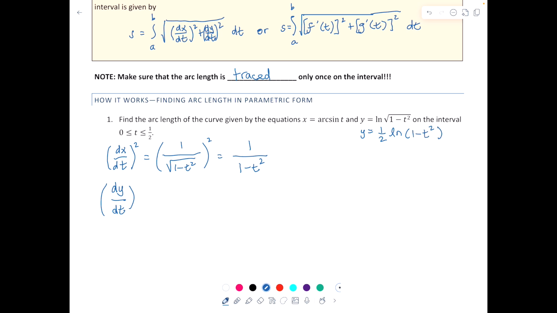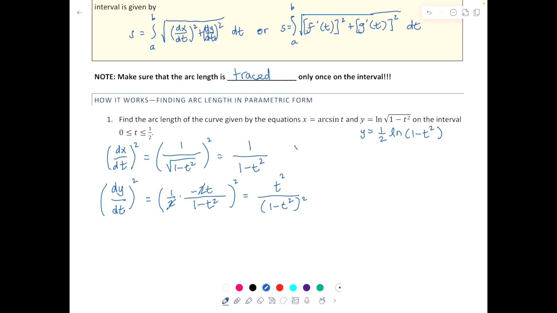And so when I write the derivative, I will get 1/2 times negative 2t over 1 minus t squared. And then I'm going to be squaring that result. So that will end up being, when I divide out the 2's, the negative will go away, and we'll have t squared over quantity 1 minus t squared, squared.